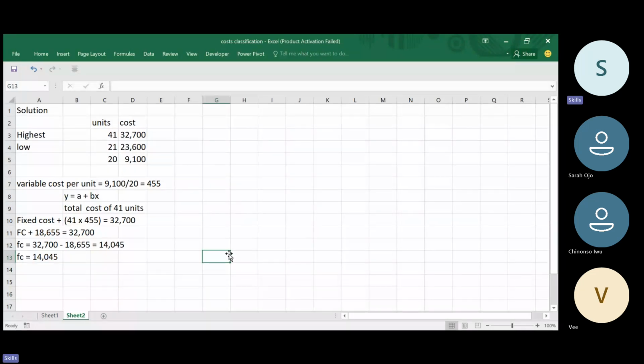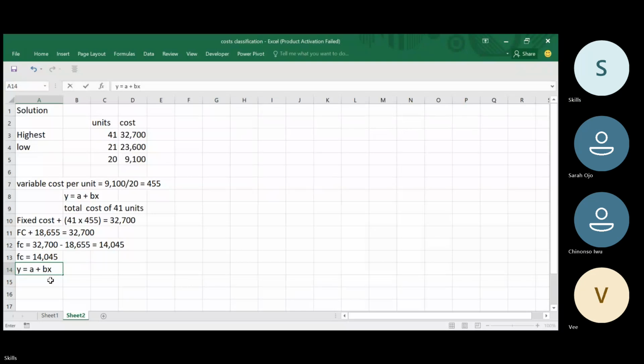So now, if we are to apply this, we know our fixed cost now. Our fixed cost is 14,045 naira. So now we apply y is a plus bx.